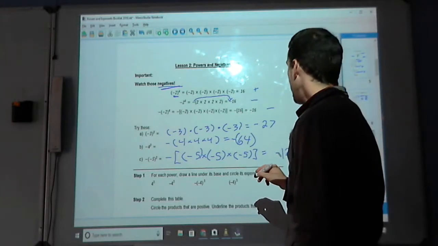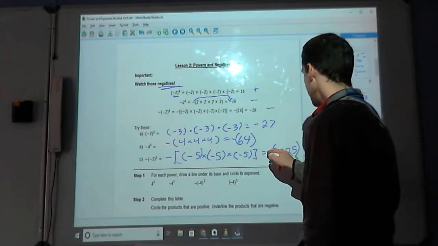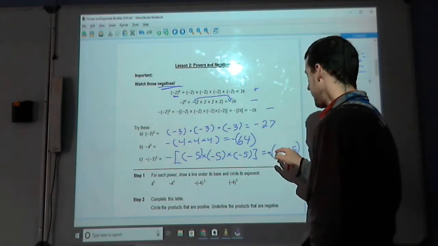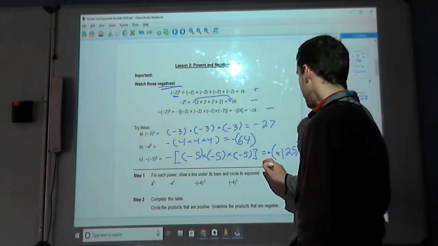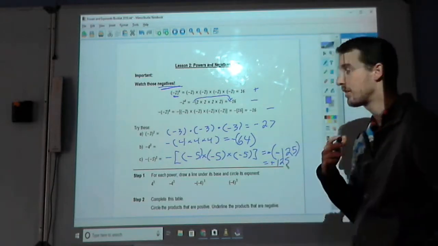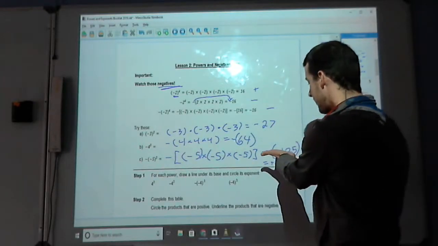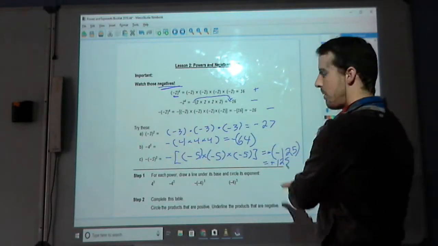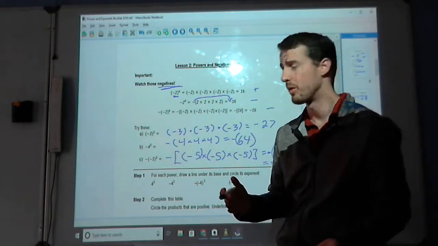And then at the end of it, it's negative. So here we have a negative times a negative. That's an even number. So our final answer ends up being positive 125. You can see how that negative outside changed our answer from what would have been a negative to a positive. So it's really important to pay attention to each component of that.